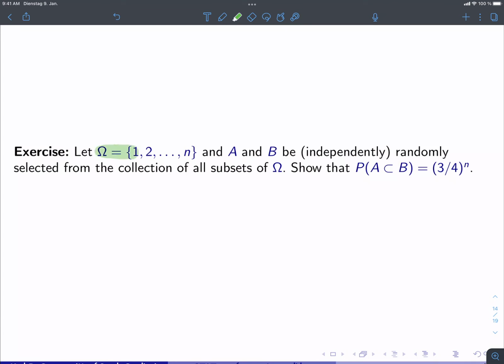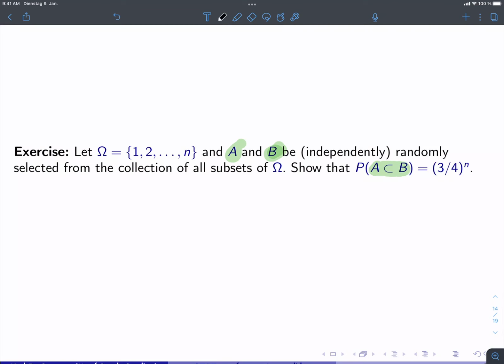Let's say I have a sample space, and the outcomes are just the numbers 1 up to n. And let's say I randomly select a subset A and I randomly select a subset B, and I want to know the probability that A is contained inside B. It turns out we can show that the probability is 3/4 raised to the power n, which is a little bit wild that it comes out to something that simple.